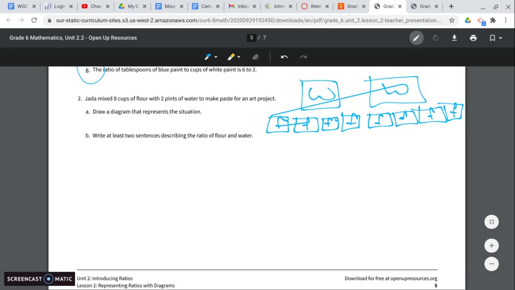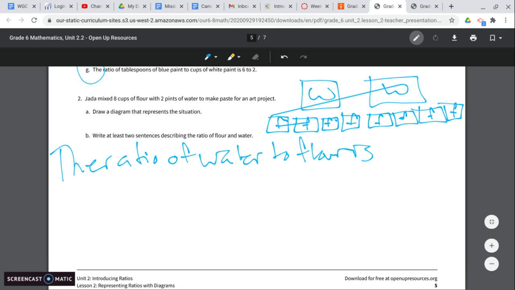So then our sentences, we can have the ratio of water to flour is 2 to 8. There's 1.